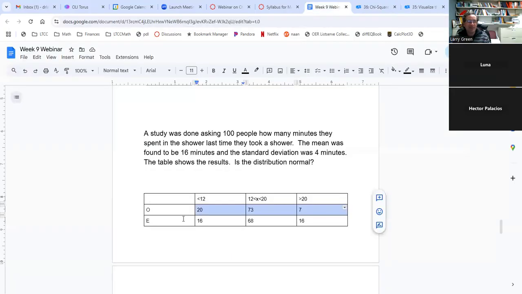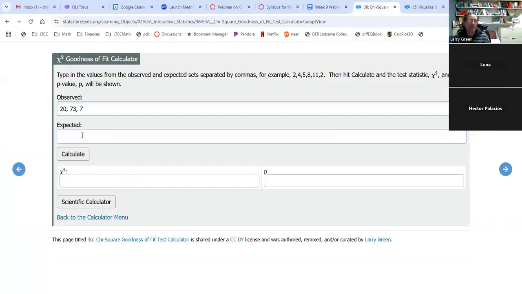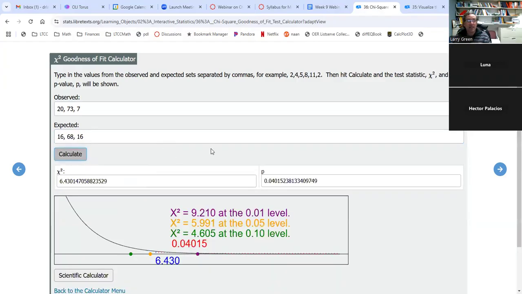And the expected were 16, 68, and 16. Any questions? And I hit calculate. And what do you see? Chi-squared is the test statistic, 6.4301.